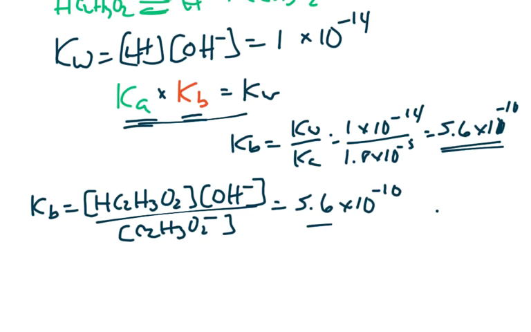And notice again here, this was not given in the problem. What was given was the Ka. So you have to say, okay, knowing my Ka, I can find this Kb if I need it. So that's a useful little tidbit.